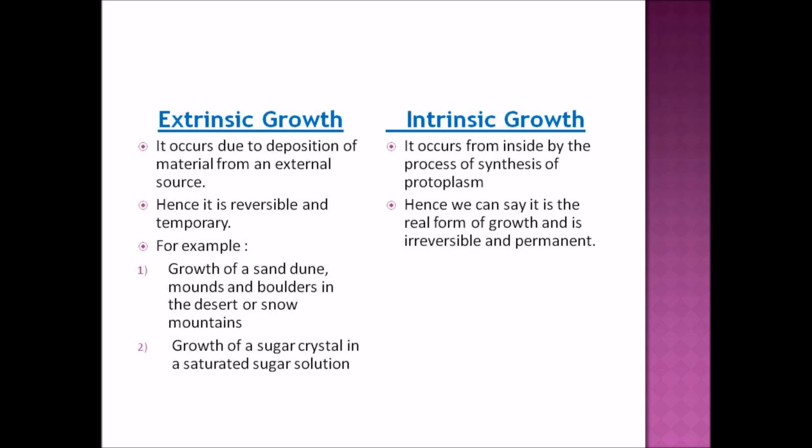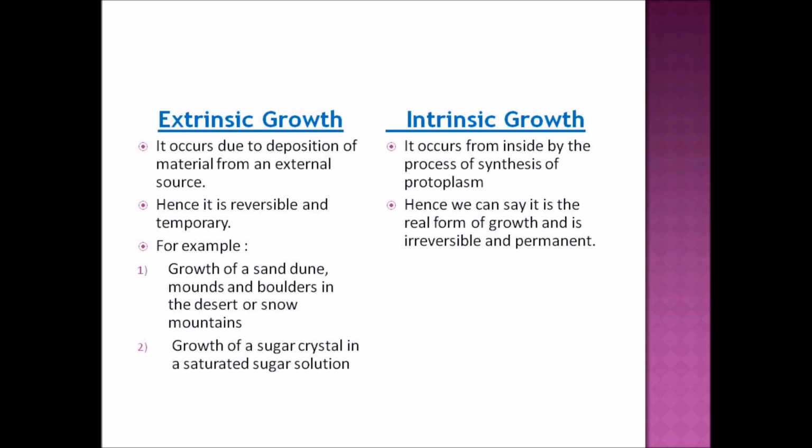Now we'll start with the types of growth: extrinsic growth and intrinsic growth. Extrinsic growth is a characteristic of non-living objects. It occurs due to deposition of material from an external source.